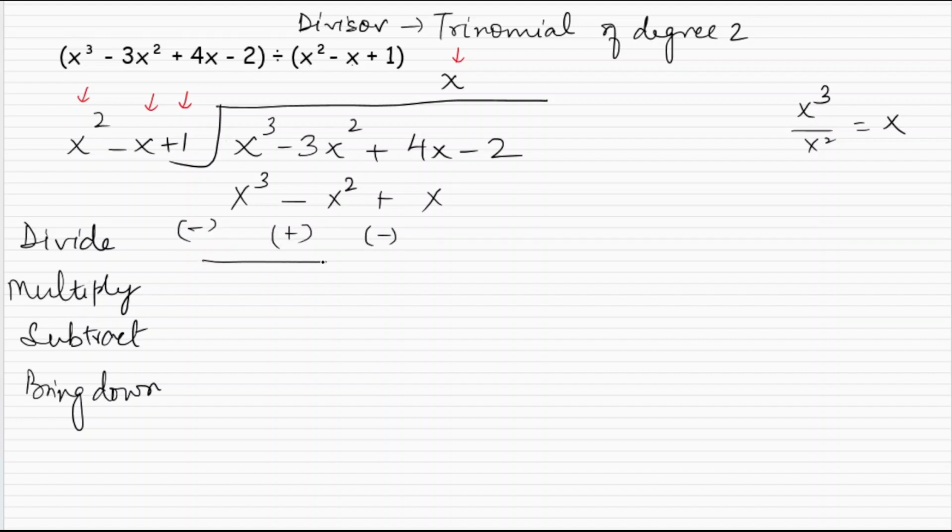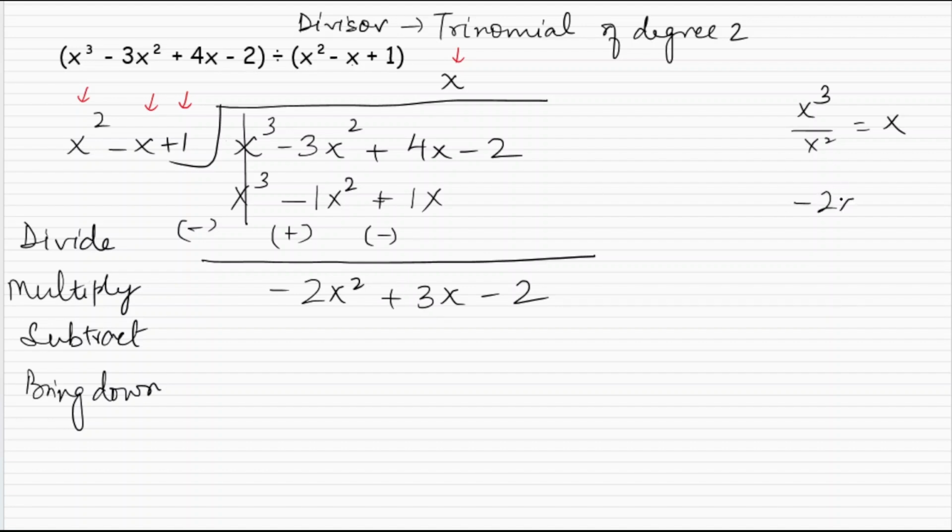We change the signs. While we subtract, we change the signs. Now, what is x cube minus x cube? 0. Cancel. Minus 3 plus, what is here? 1. Minus 3 plus 1, minus 2x square. Plus 4, what is here? 1. Plus 4 minus 1 is plus 3x, minus 2.